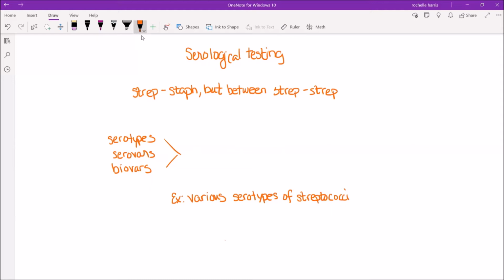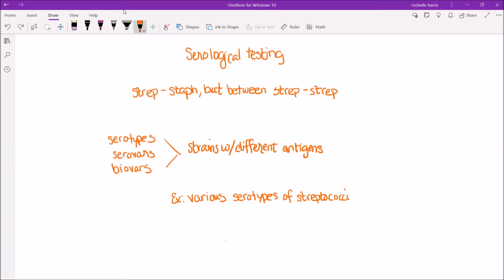The definition here is strains with different antigens. Now, an antigen is a substance that causes antibody formation.